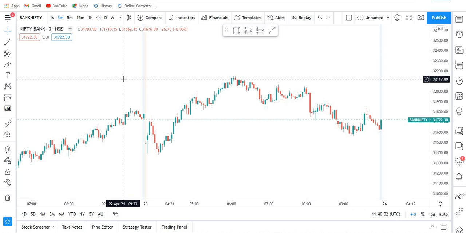But one thing I would like to mention is that this strategy is going to be very complex. We are going to use a lot of things for identifying a particular trade. Apart from that, I will be giving you two examples, one of the buy side and one of the sell side. But I would like all of you to use this strategy first, do paper trade, and then use it in the real market.